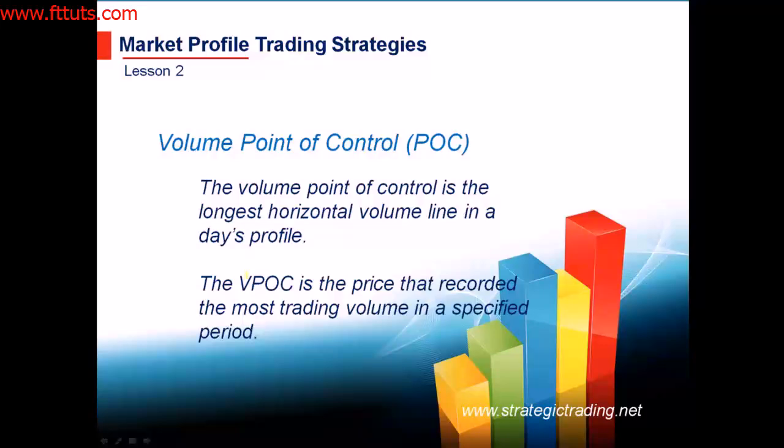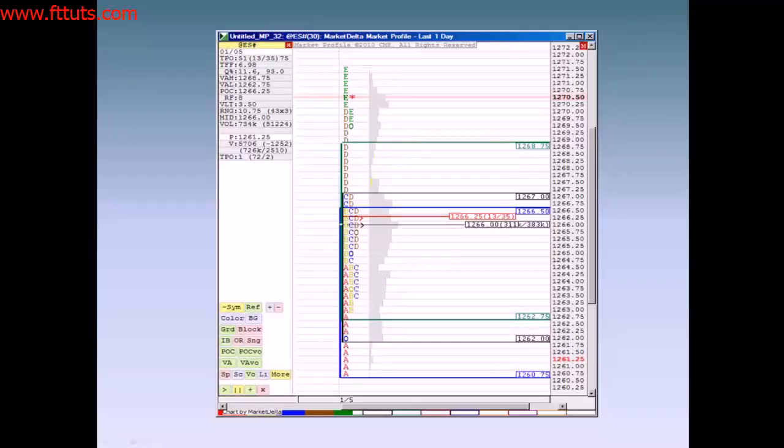This is another point of control that I want you to also be able to identify on the chart. The one that we just looked at together was for price. Now we're talking about volume. So there are two different points of control on a profile chart. One is for price and one is for volume. And here I'm going to show you first the volume, because we're talking about volume now.